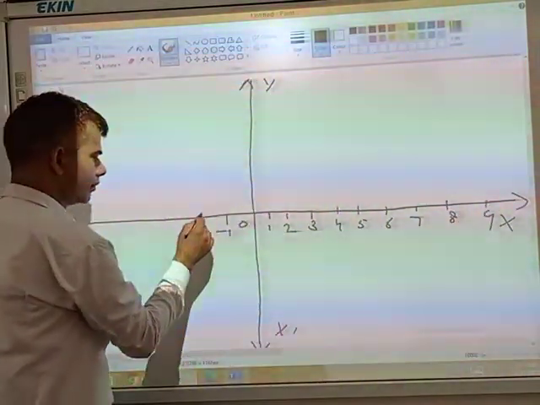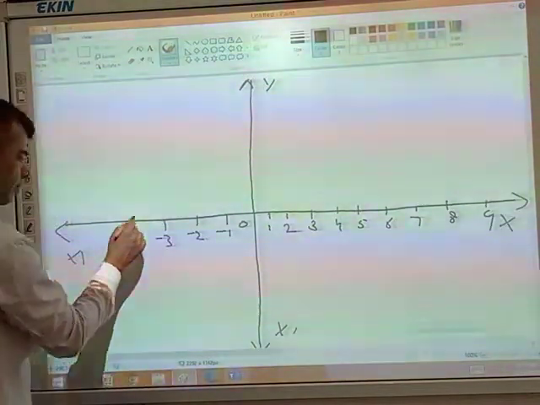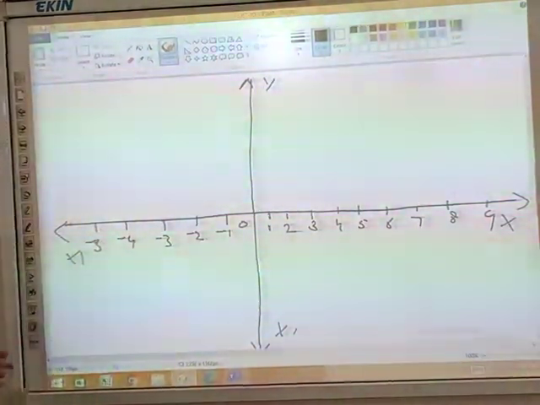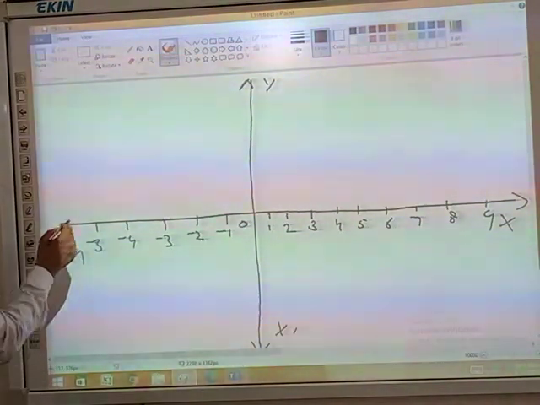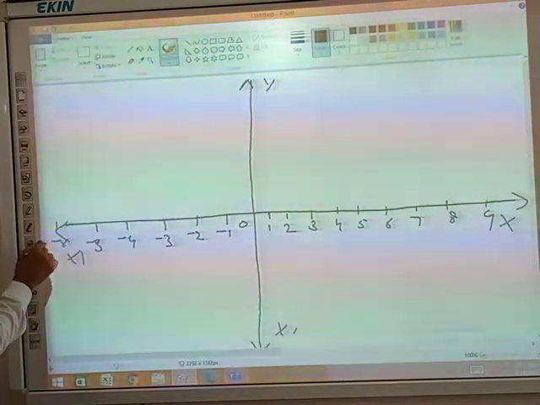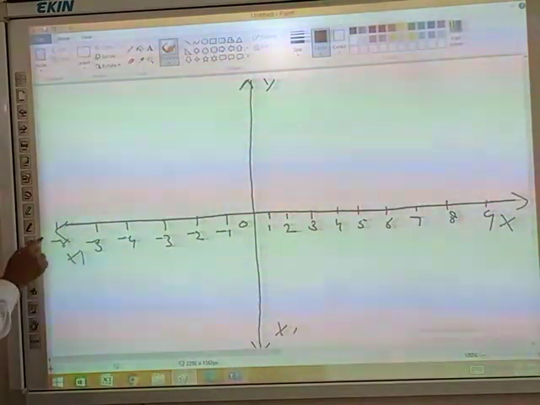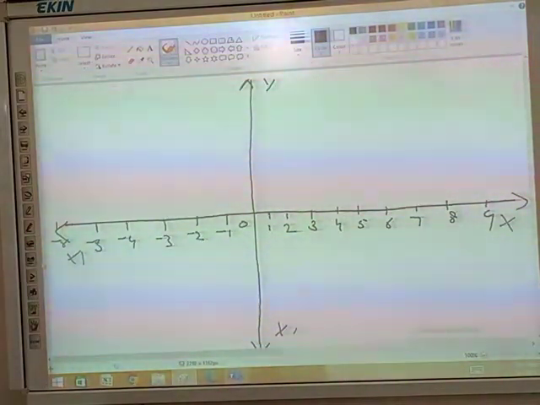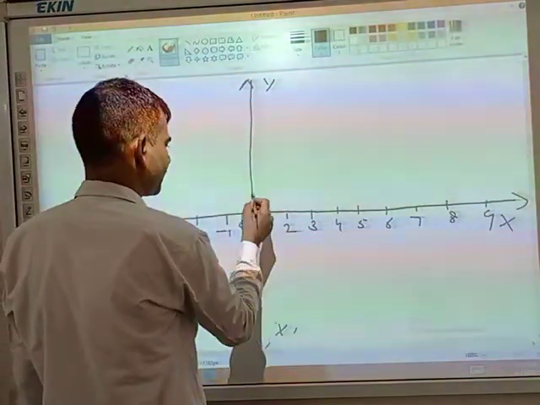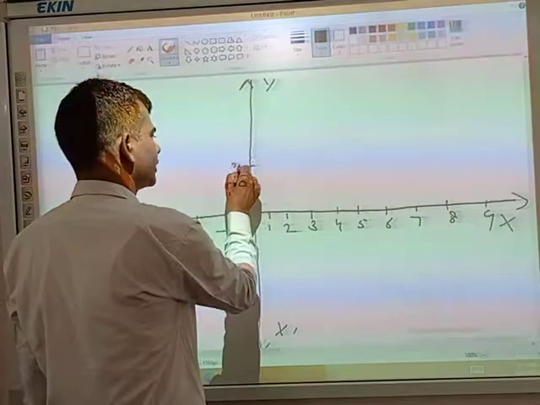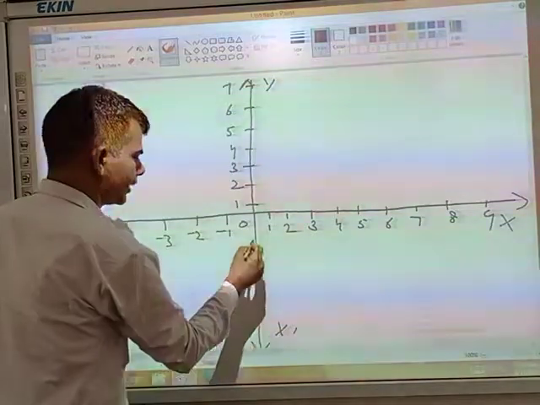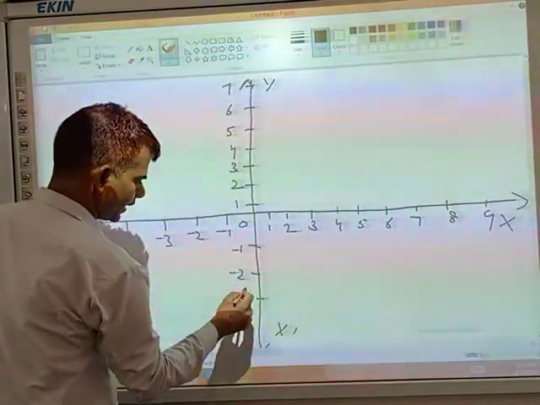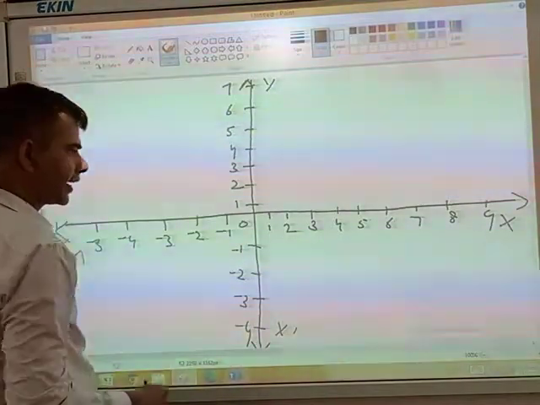Then minus 1, minus 2, minus 3, minus 4, minus 5, minus 6 and minus 7. Next on the y axis, 1, 2, 3, 4, 5, 6, 7, minus 1, minus 2, minus 3, minus 4. Students, any doubt, any problems?